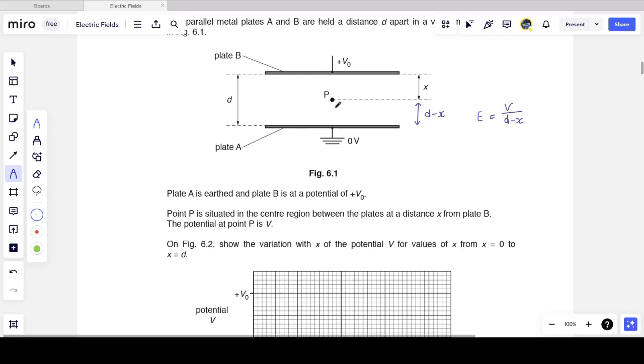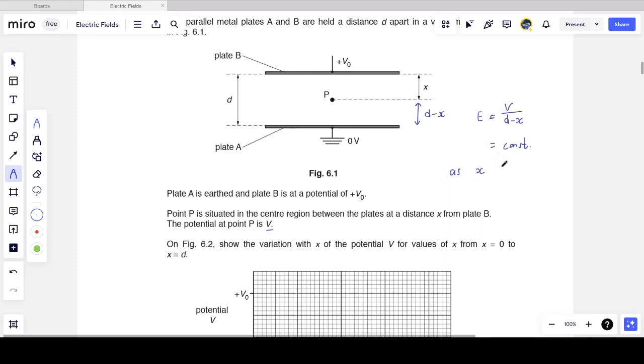Whatever the distance, if I keep the bottom plate fixed and move the top plate closer to it, then the value of d minus x will determine the electric field strength, but it'll be constant. Let's keep the top plate where it is, and move from the top plate towards the bottom plate at distance d minus x. Then the potential difference V will decrease because I'm moving closer to the 0 volt plate, so it's not going to be V0 everywhere in that region.